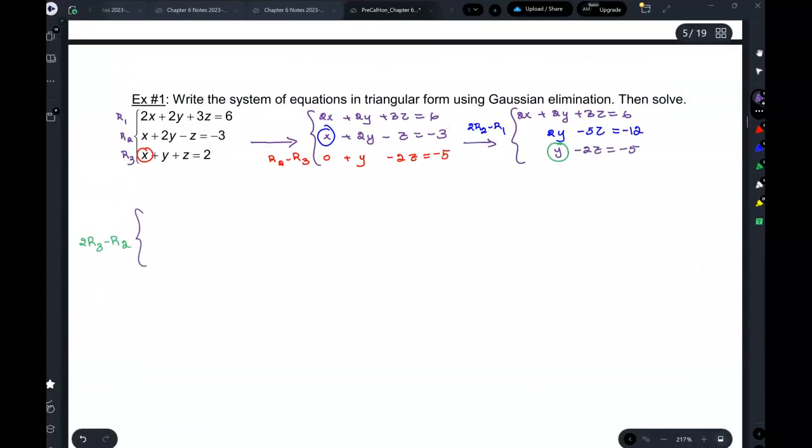Okay, so whatever's not changing, I copy it down. Well, it would be 2y minus 2y. It would still be 0. It's okay because it'll be just the negative equation, which is fine. Still the bottom one, yeah.